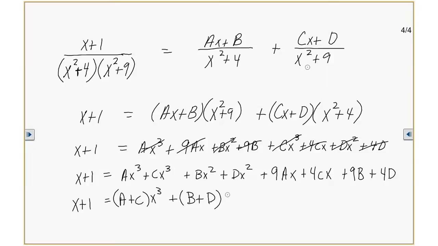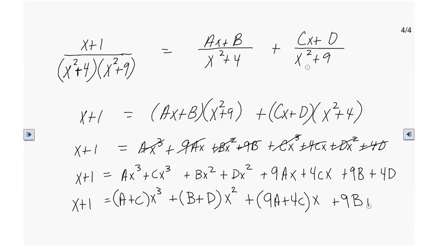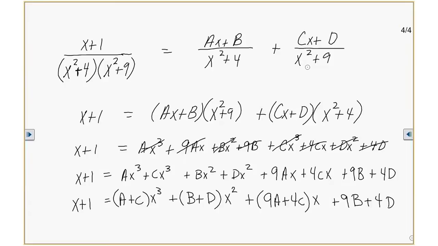X squared. Good. Plus what? Nine A plus what? 4C times what? There you go. Plus 9B plus 4D.